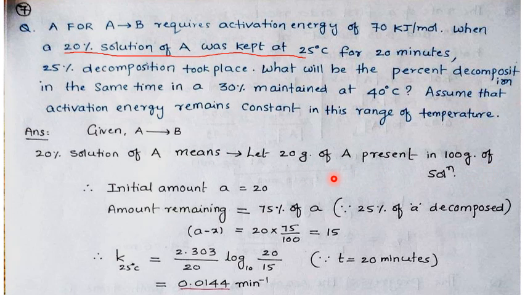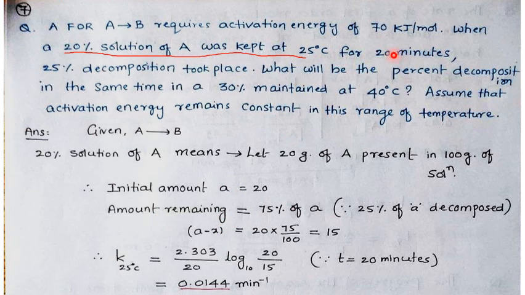Let us take it as 20 grams or 20 units. Initial amount A equal to 20. But we need A minus X because we have the formula K equal to 2.303 by T into log A by A minus X. So A is present, we need A minus X, meaning the amount remaining.